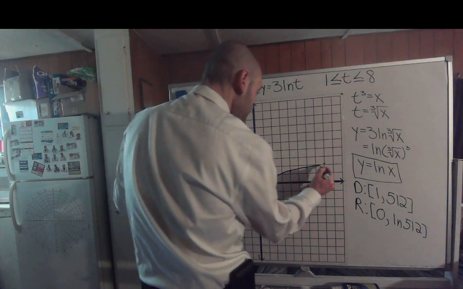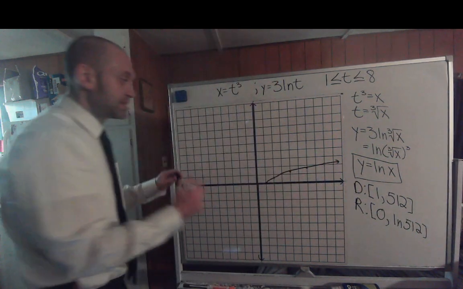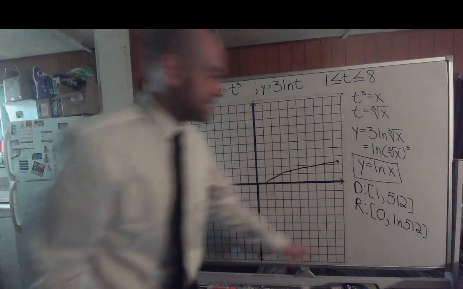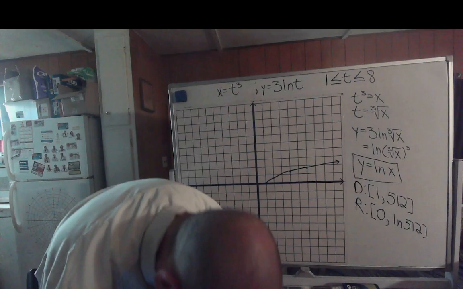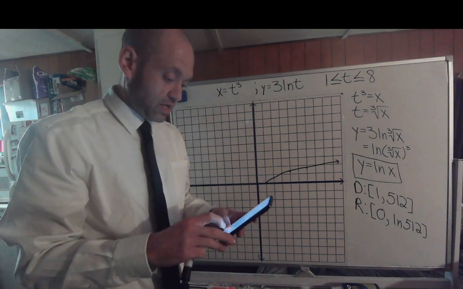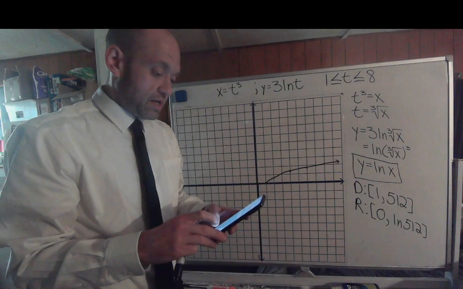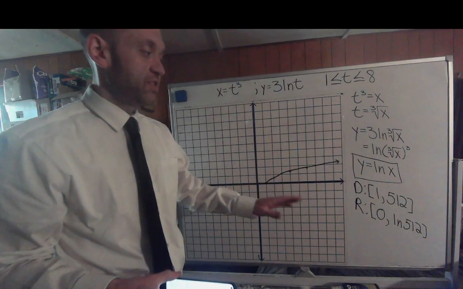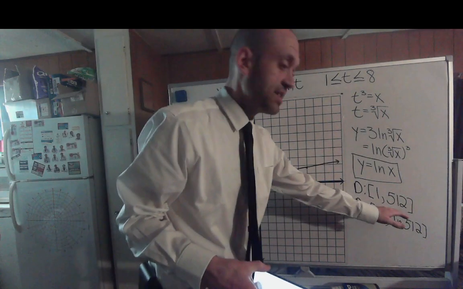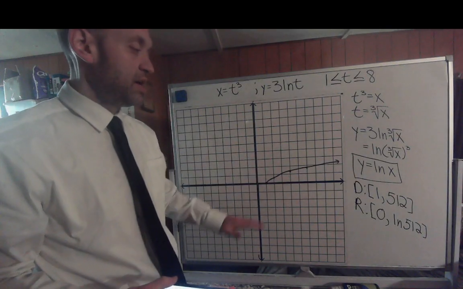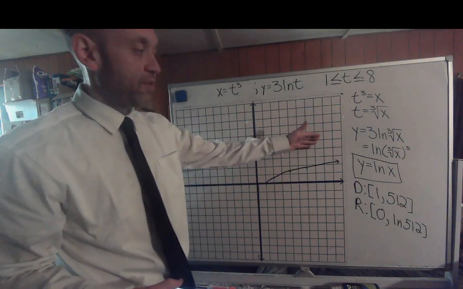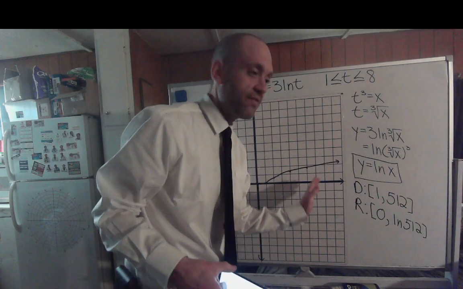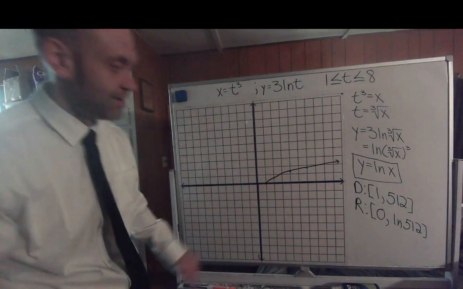So as you see, I'm going to get something like this. My range goes all the way to the natural log of 512, which would give us about 6.24, but that's going to be off the charts by the time we reach x equals 512. So yes, we have a finite range, but we're not even going to get close to it because we're not even going to graph the whole finite domain.